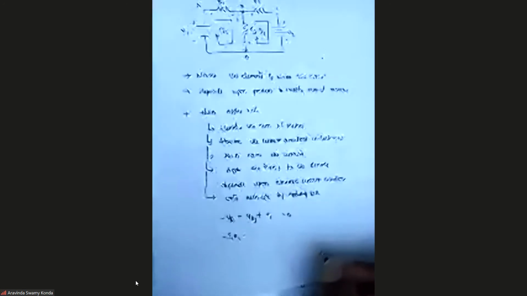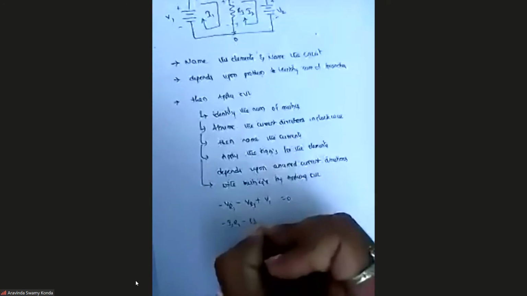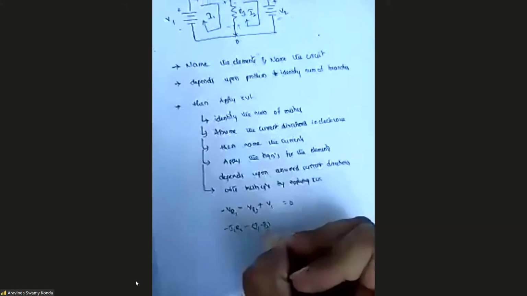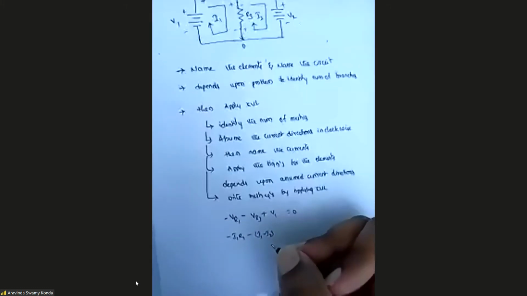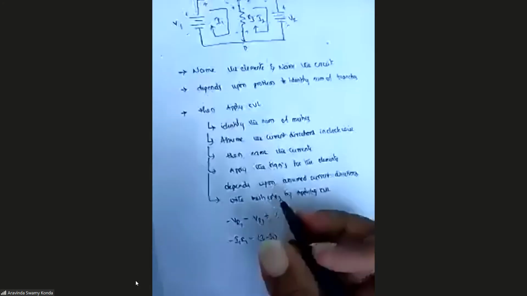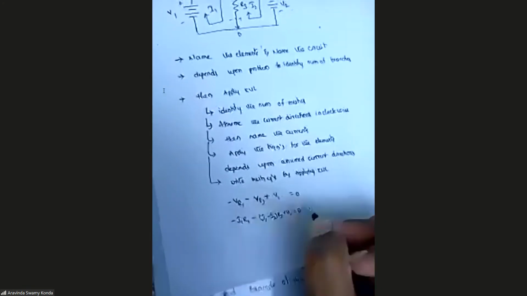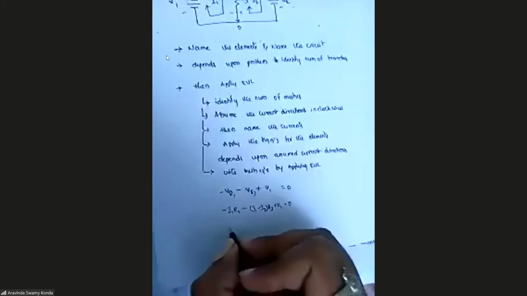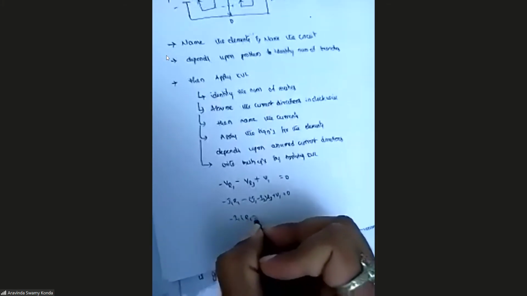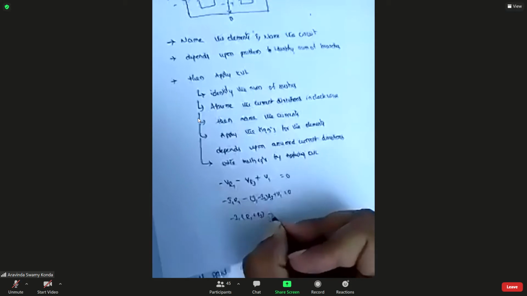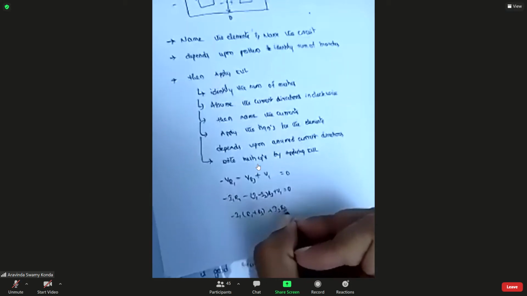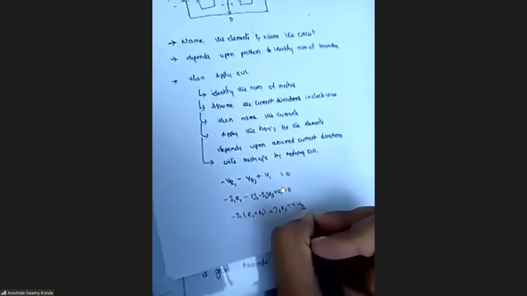What about the current in R3? I1 minus I2. Very good. Why? Because it is the common element. So minus (I1 minus I2) R3 plus V1 equal to 0. Taking minus I1 as common, you get minus I1 (R1 plus R3) plus I2 R3 plus V1 equal to 0.